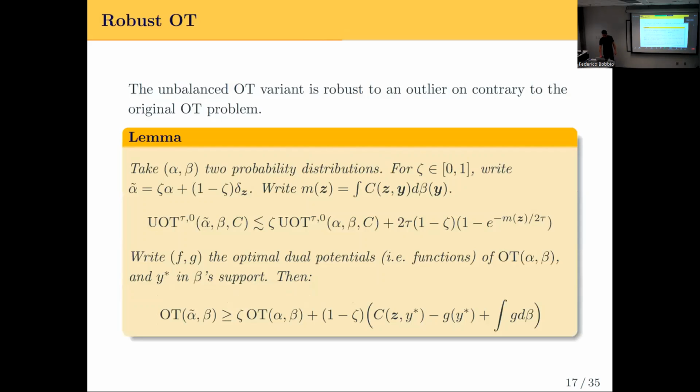So why do I want to use unbalanced optimal transport? Well, because it has some robustness properties which are not shared by optimal transport.